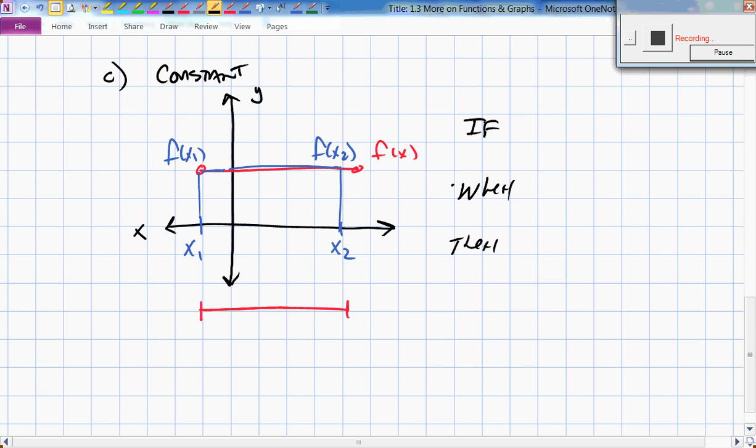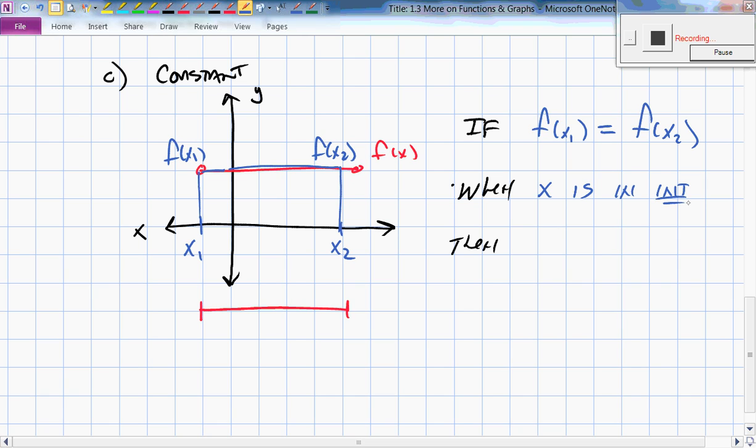Okay, so for a constant function, it looks like it should, right? Going from left to right, the function is neither increasing nor decreasing, it's staying constant. So the way that we describe this is we're going to say if the outputs are the same, in other words, if f of x1 is equal to f of x2, when x is in the interval.